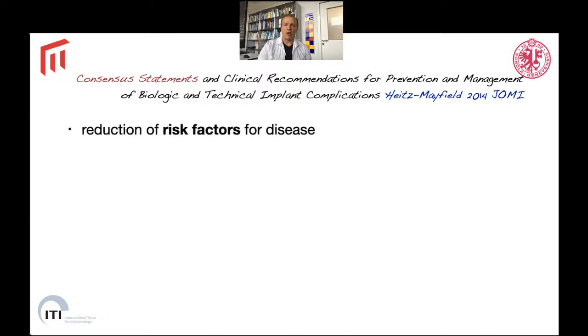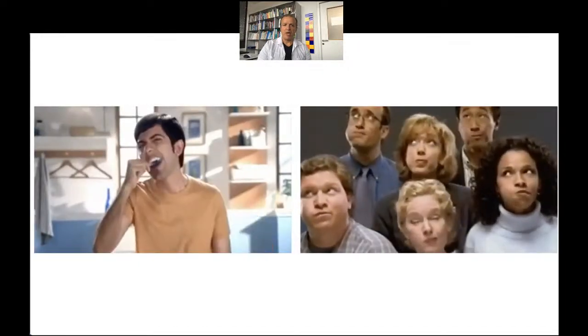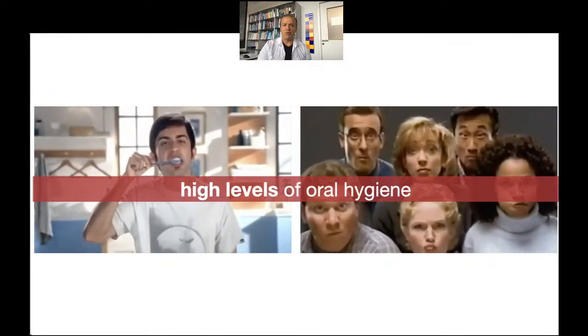So the first thing is that we have to reduce the risk factors for disease. And of course, the main risk factor for disease is our biofilm. That means that the patients have to be able to perform high levels of oral hygiene if we want to have success in our treatment.